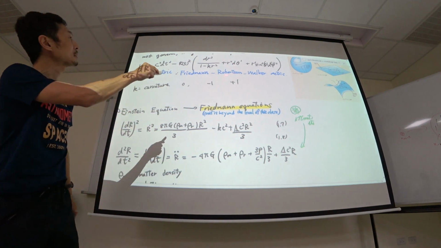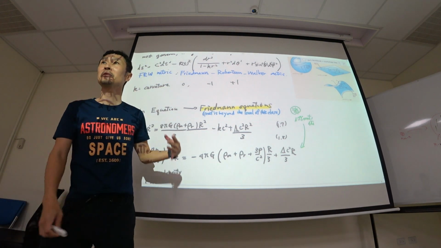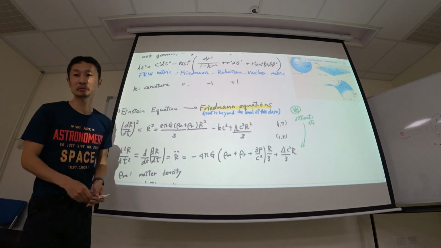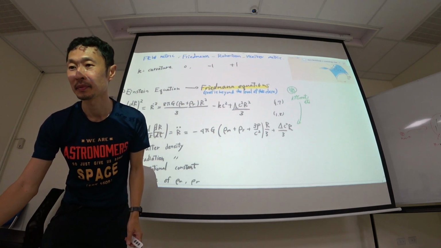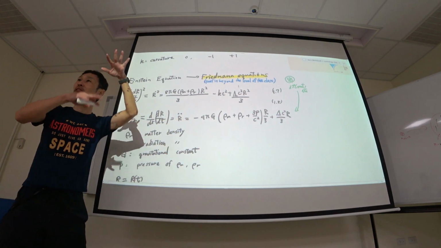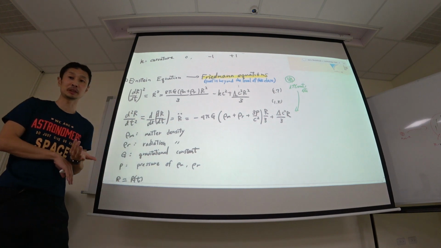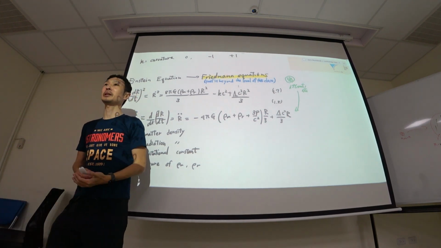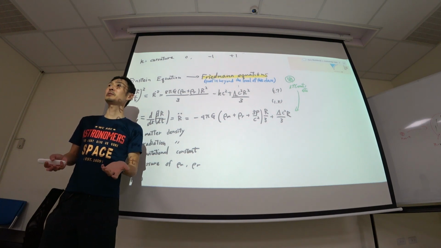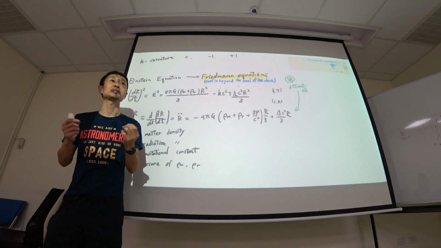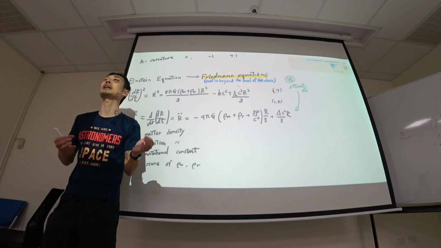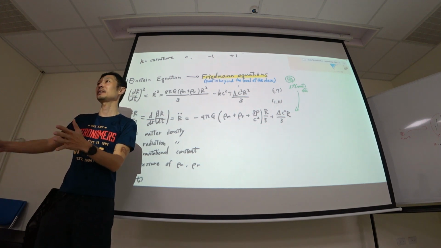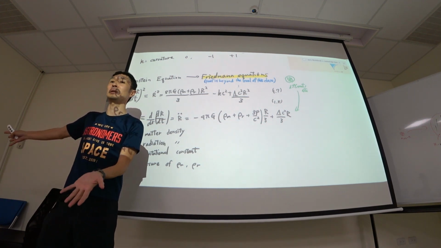We put this into the Einstein equation, and then we get these two. The derivation is lengthy, so we don't do it, but we get this. These two are the famous Friedmann equations, and they describe the expansion history of the universe as we see in the class the whole semester.